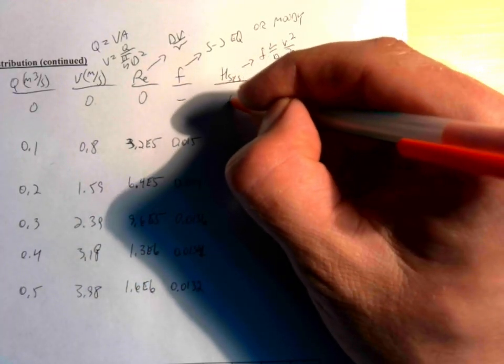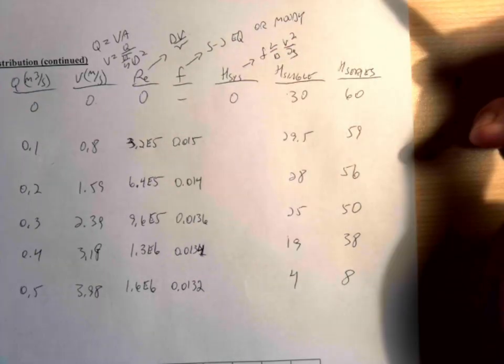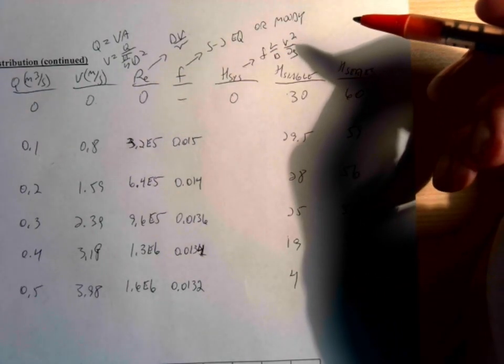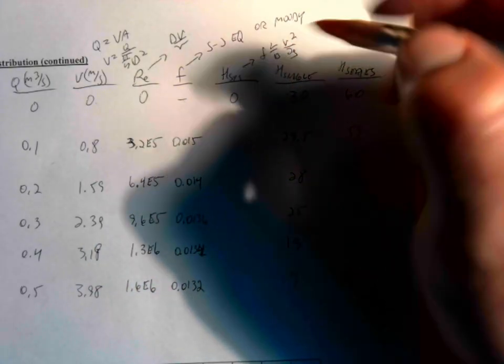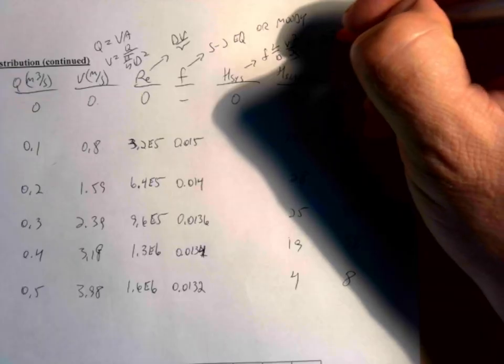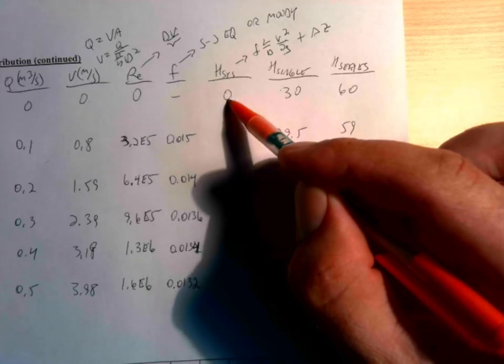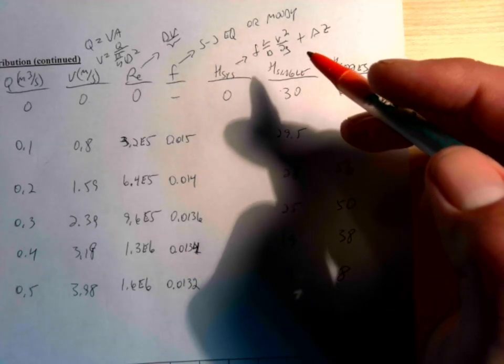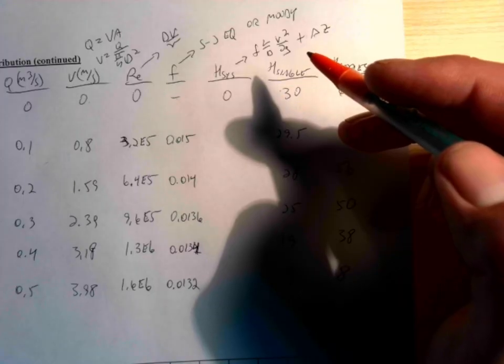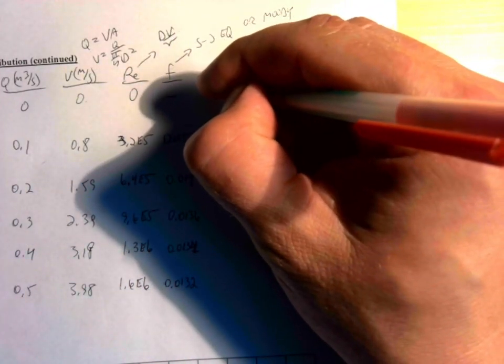Okay, so for the first one, there's no velocity, so there's no head loss. But then we need to add in our delta Z. Our friction loss is 0, but we need to add in the static head, which was 25 meters.